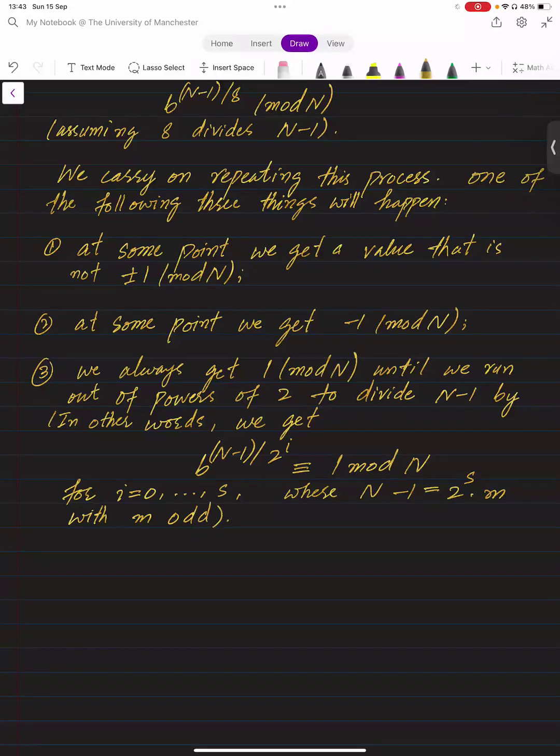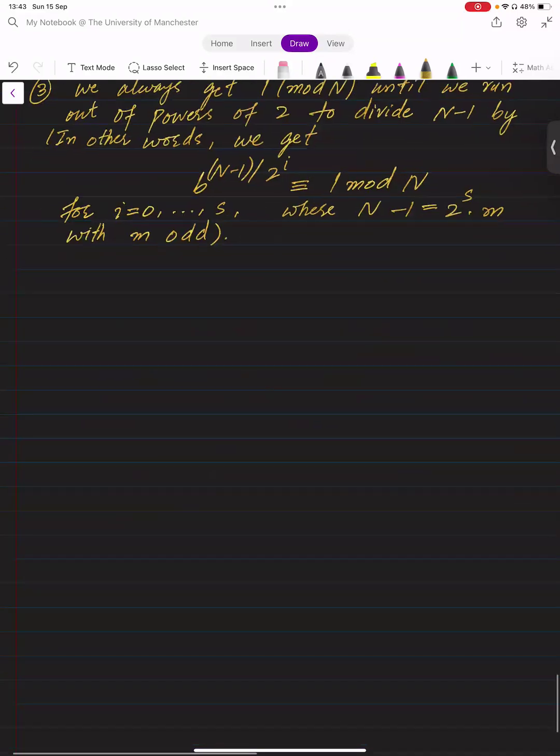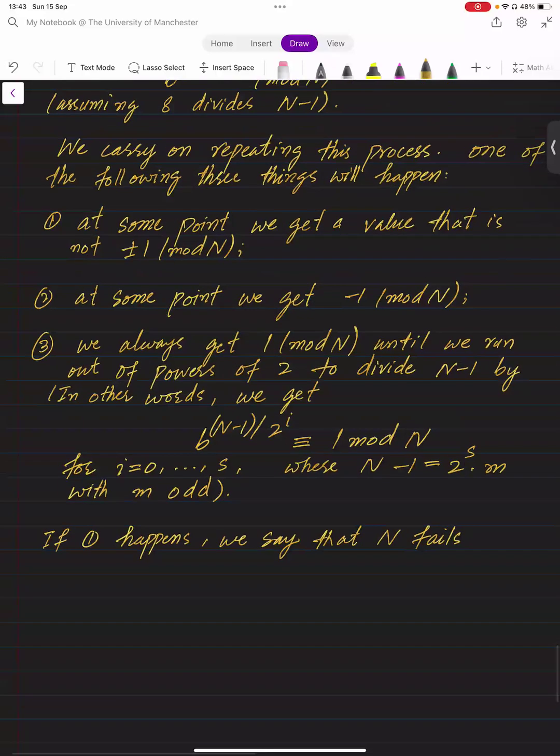Okay. Now, if one happens, we say that n fails Miller's test.